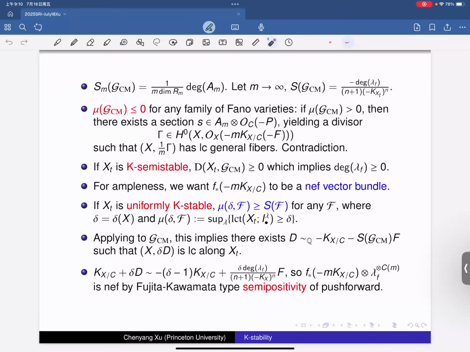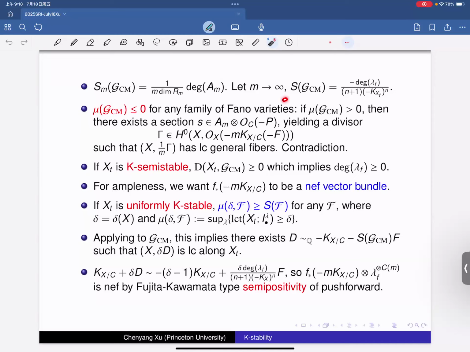Now we do some calculation on the constants. With the way I define the filtration, if you take the graded sum, it's precisely just the degree of the vector bundle. So that means S_m is precisely the degree of the vector bundle divided by m times the dimension N_m. So S_m is very easy to calculate.